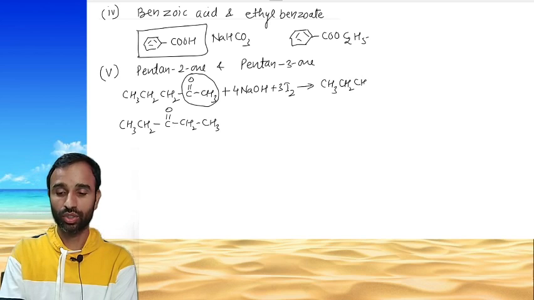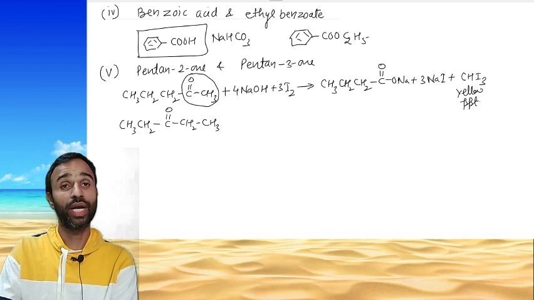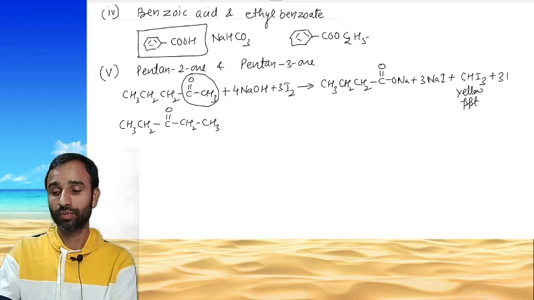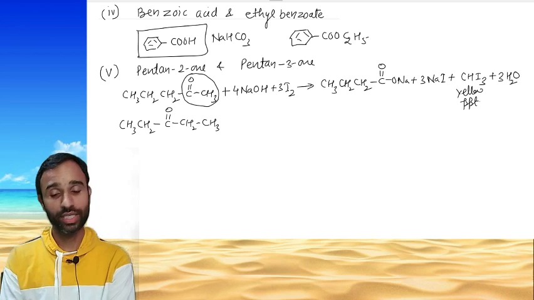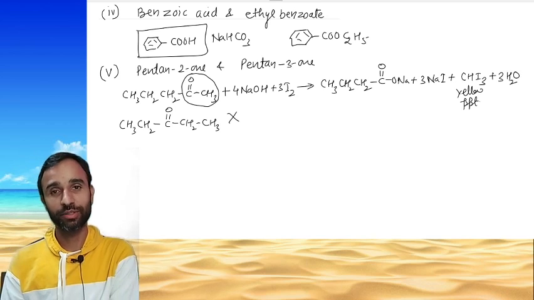So CH3, CH2, CH2, COONa along with 3NaI and yellow ppt of iodoform. So it will give this test and pentan-3-one will not give this test.